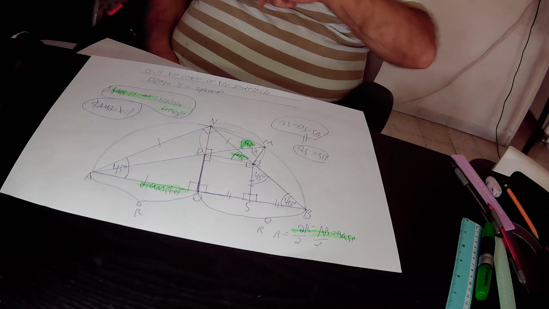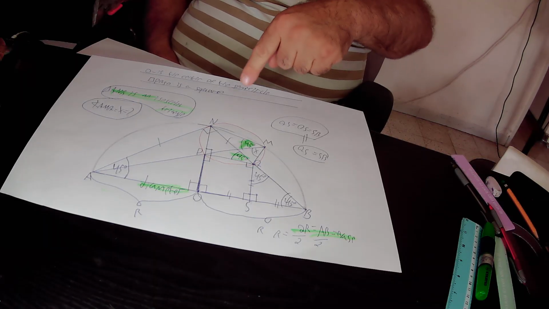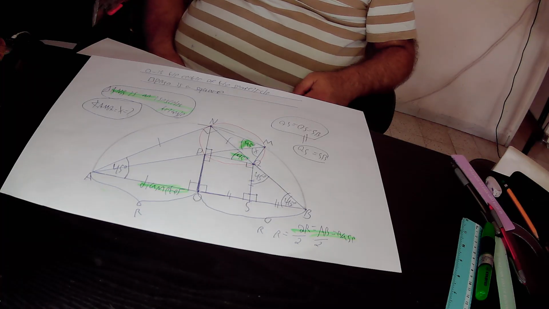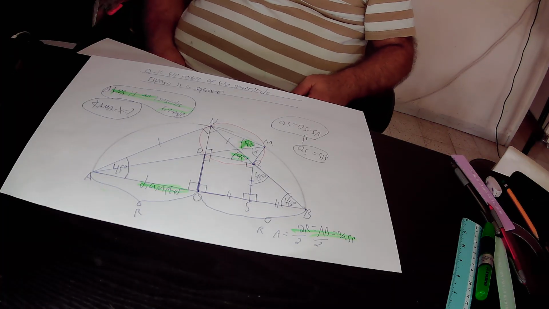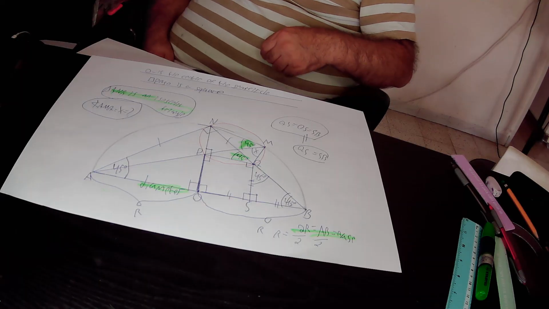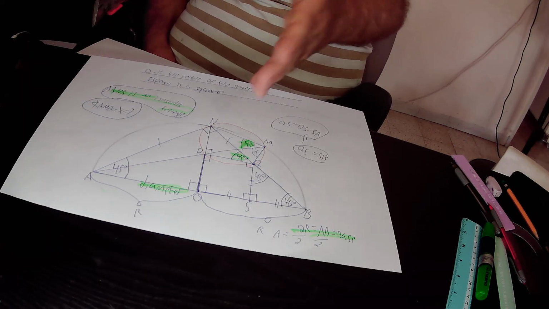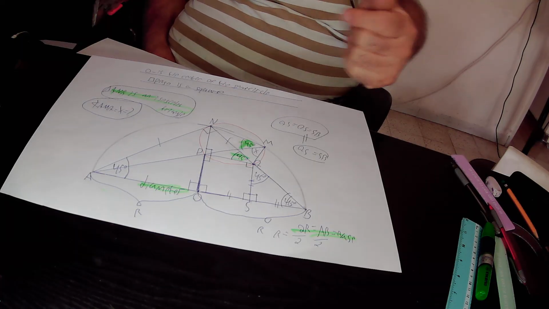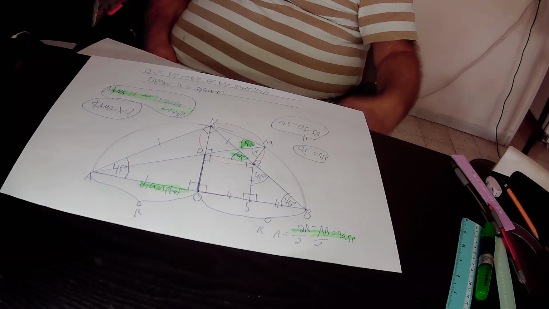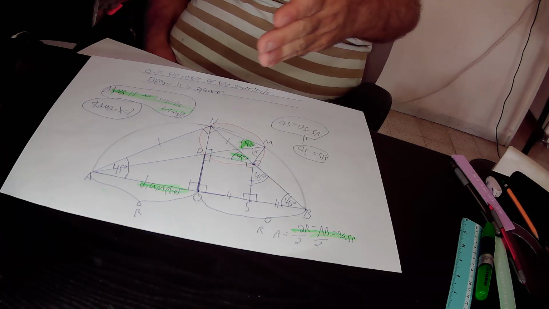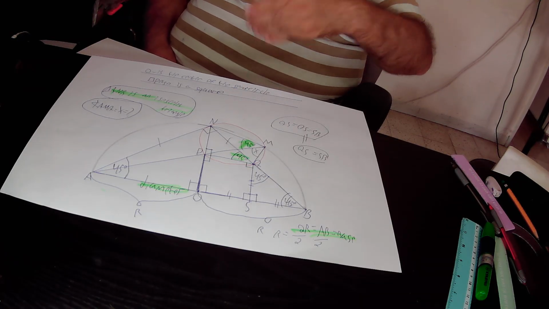But the question is where the perpendicular from point N will touch the base AB. Because the perpendicular to the base bisects the base, it must touch the base at its midpoint. What is the midpoint of AB? AB is also the diameter, and the midpoint of any diameter is at the center of the semicircle or circle.